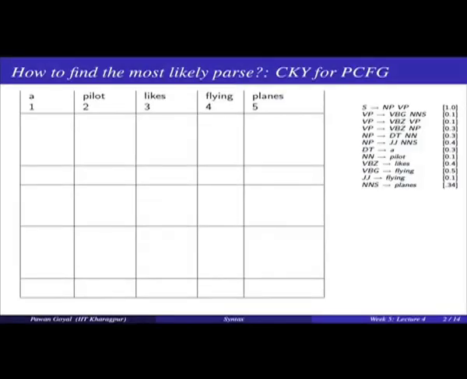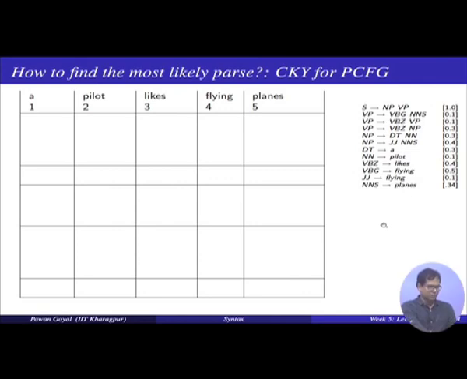So let us take an example. We have this PCFG. What you are seeing here is that with each rule you have a rule probability as well. You can verify that all the probabilities starting from a given left-hand side will add up to 1.